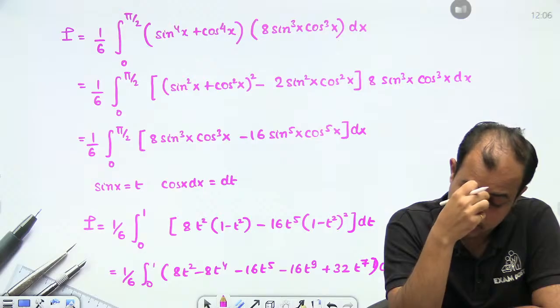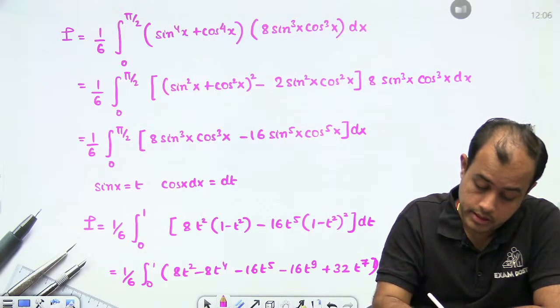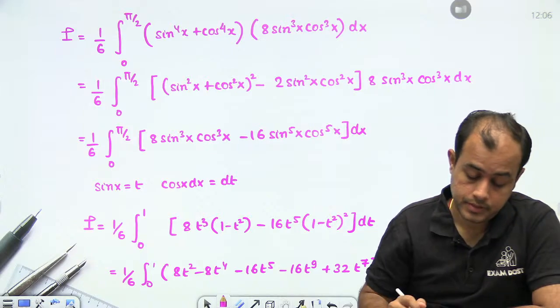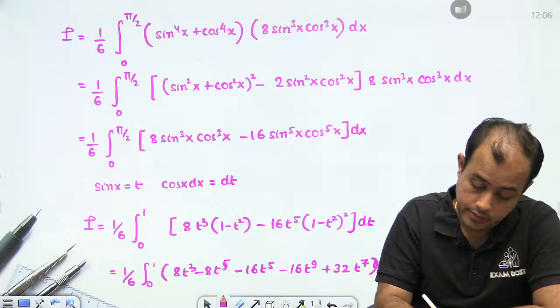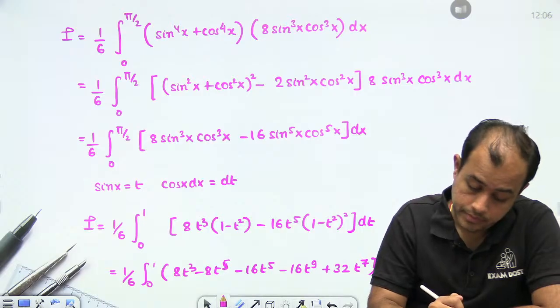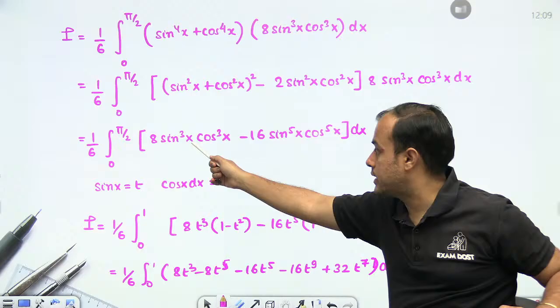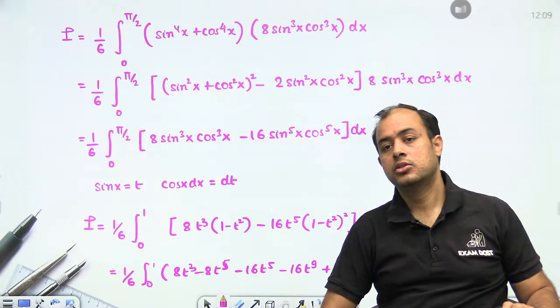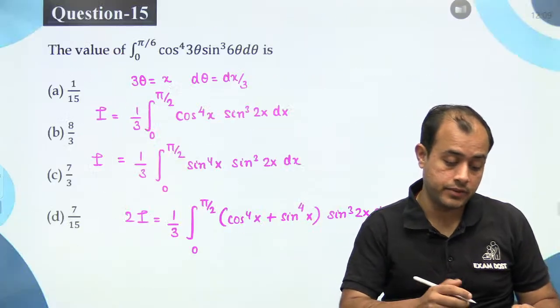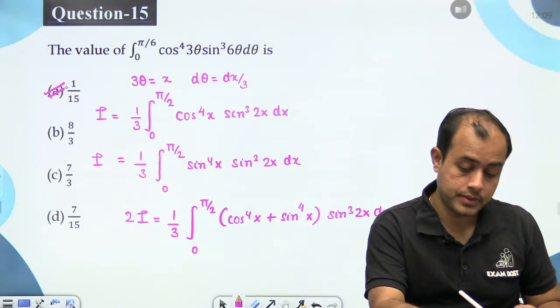Sine cube is t cube. Okay, this will be t cube. So 8t cube minus 8t5, 16t5. मैंने साइन क्यूब को ना t क्यूब की जगह t स्क्वायर लिख दिया था, तो इसका आंसर 1/15 आ जाएगा, which is option number A.